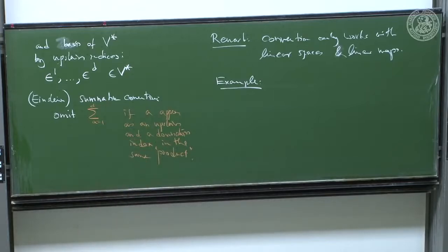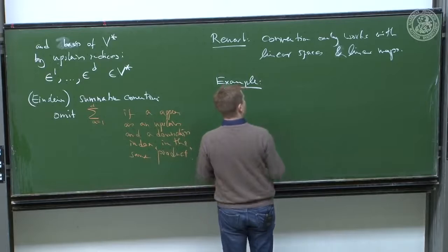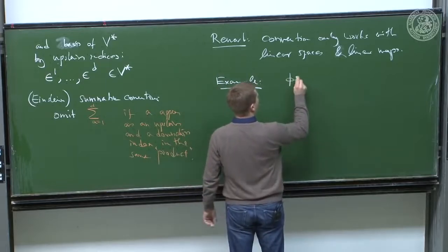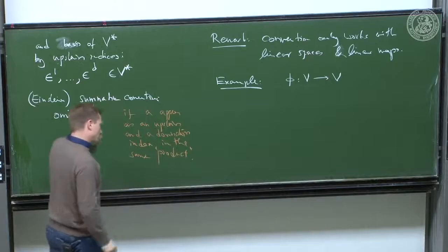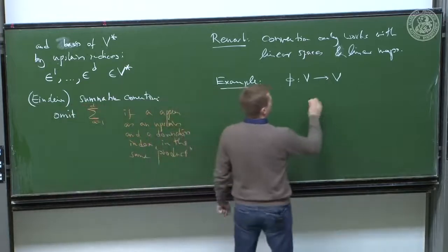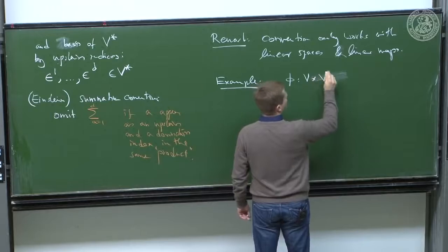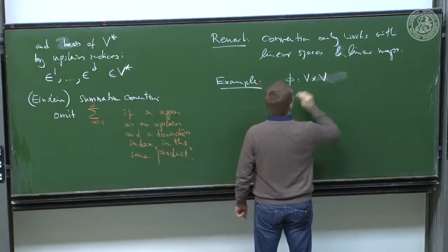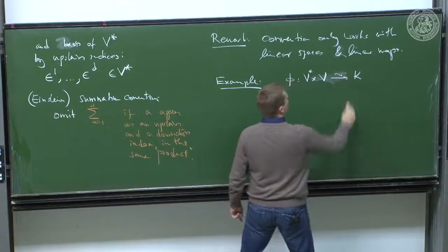So imagine you take a linear map f, or let's call it phi, from V to V? Well, we know that this phi actually corresponds to a, well, let's be not so, one could start from here. Let's take a phi that goes from V star cross V into K, multilinearly.